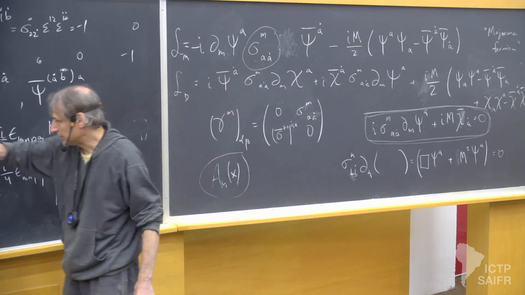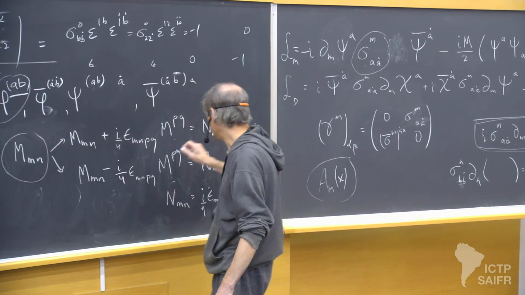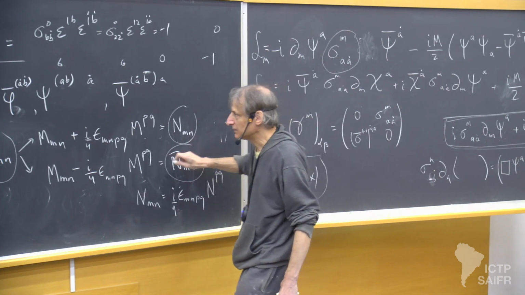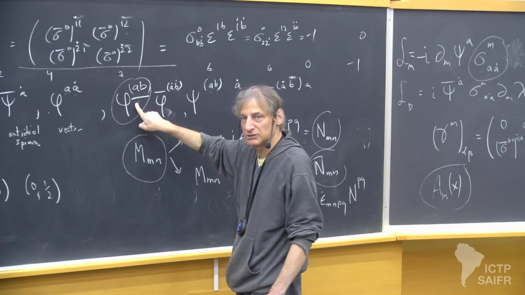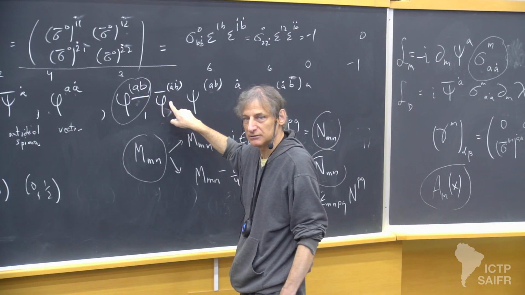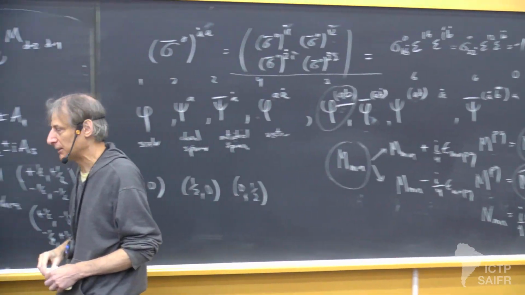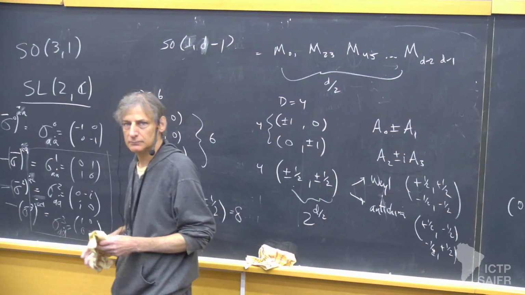Now, everybody knows this has 6 degrees of freedom, so this has 3 complex degrees of freedom, and these representations are precisely those. So this describes a self-dual tensor, and this describes an anti-self-dual tensor. If it was real, then what you said might work, but it's not real. Thank you.